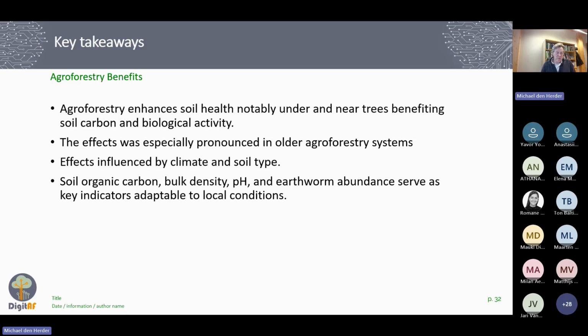So you have to get a bigger picture, and really think about the site and the climate. Soil health, like biodiversity, is very complex, so you have to take many different indicators into account.